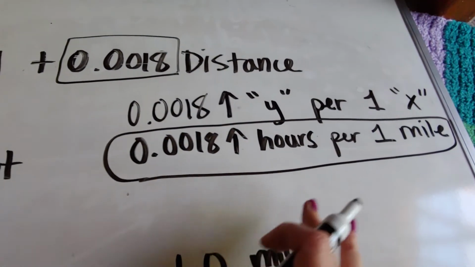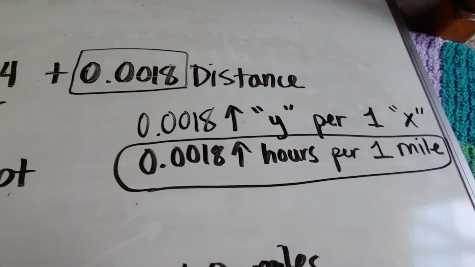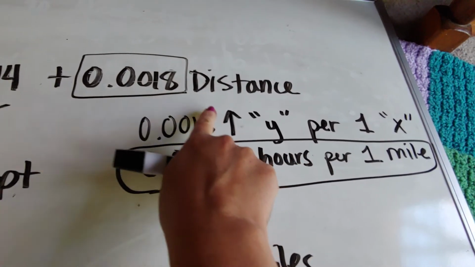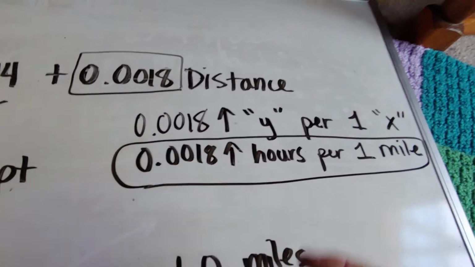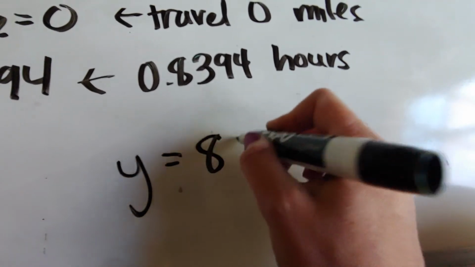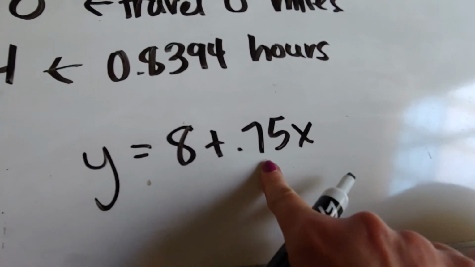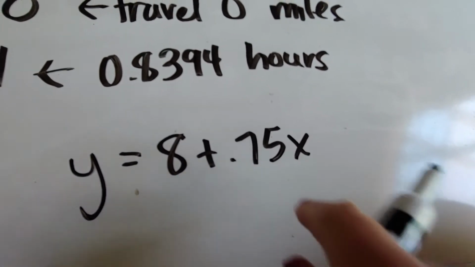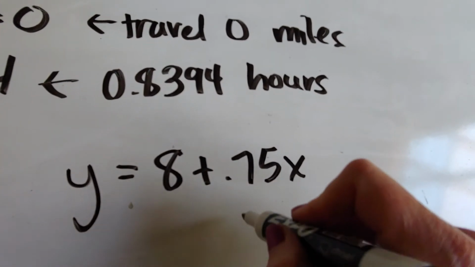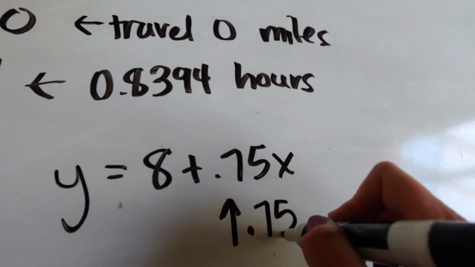Now, if we were talking about donuts and money, which is one of my other videos that we looked at earlier, whatever that slope is, which I believe if we go to the previous video, was this equation. So my slope is 0.75. So if we want to interpret this one, it would say I am increasing 0.75.